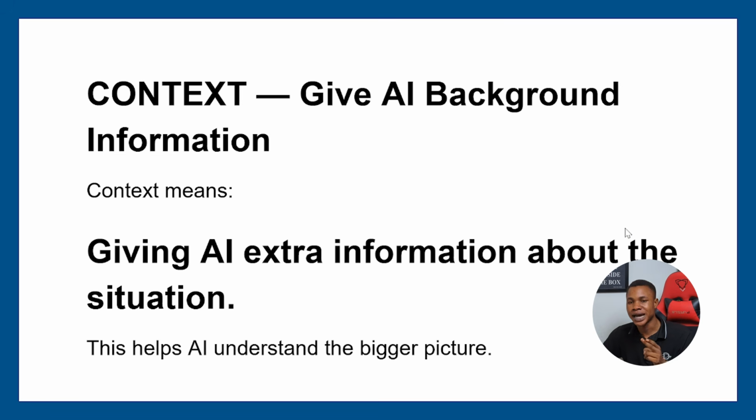Now, the second main component of a prompt is context. Remember, we are talking about the 4 main components of a good prompt, and the first one is the role. The second one is context. Context has to do with the background. You have to tell the AI what your product is all about, something about you. Now, in the prompt I used when I uploaded an image, I said, you are a copywriter, write me an advert about this.